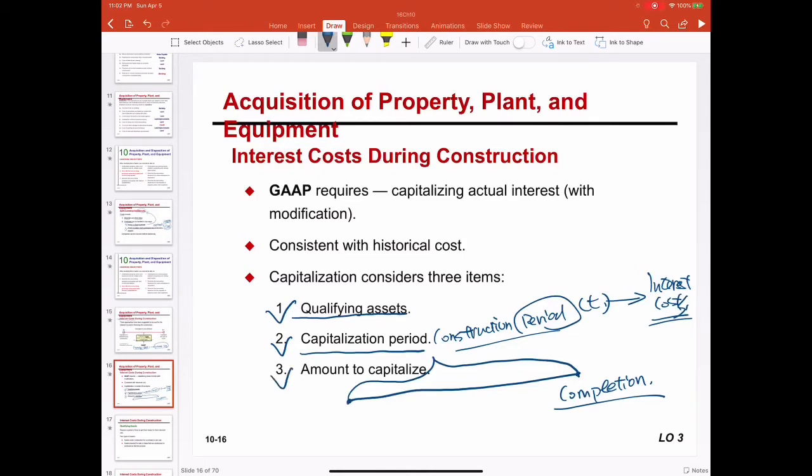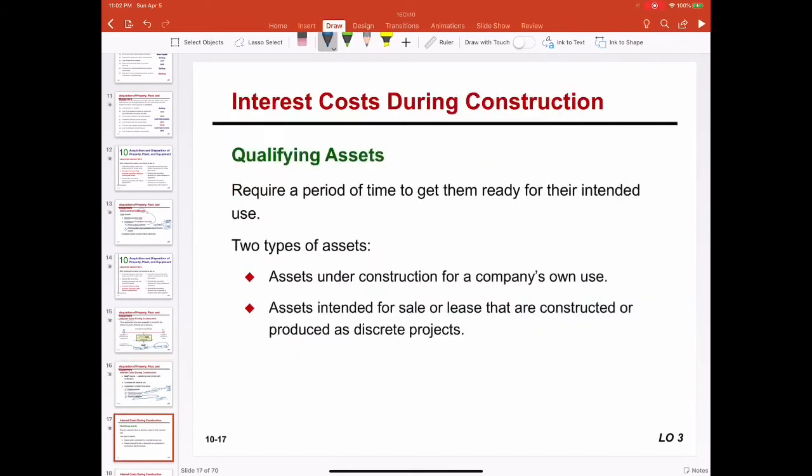The last one is the amount. To recognize the qualifying assets is not a topic we cover in this class. For all the questions we are given, we assume the asset is qualified. But we still briefly introduce the characteristics of qualifying assets.